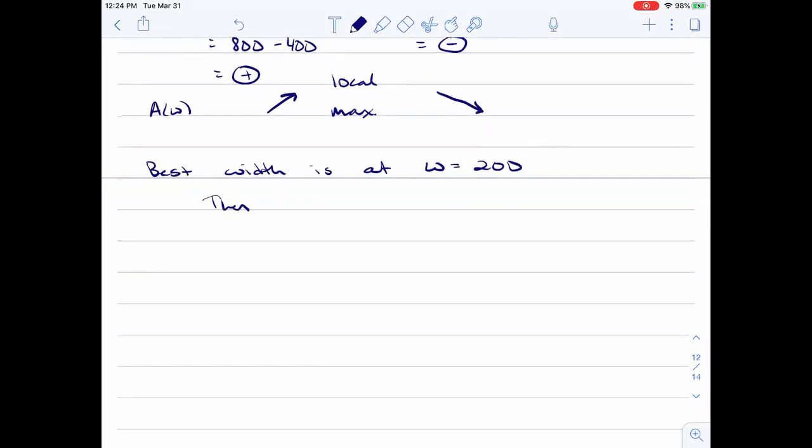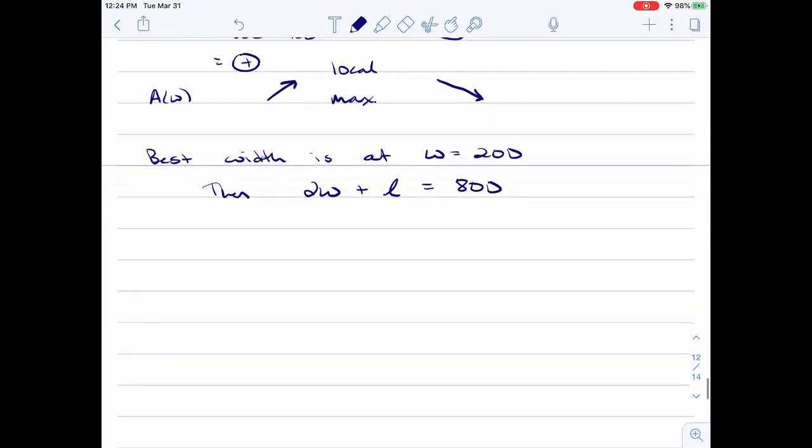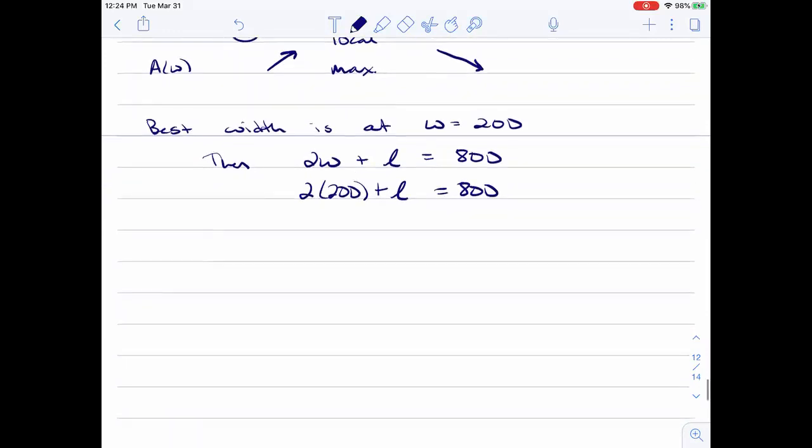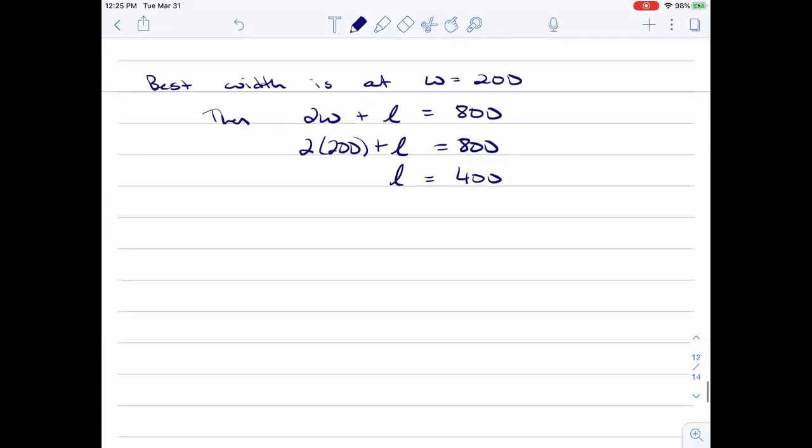So again, 2W plus 2L is 800. So 2 times 200, same thing as we did before, just reiterating here. So L must be 400.